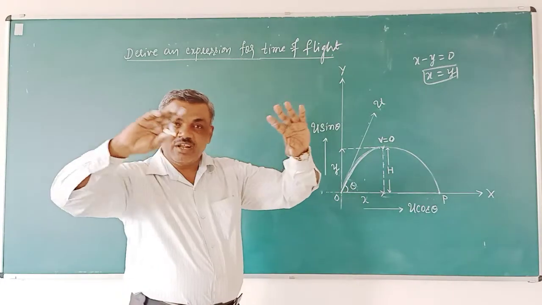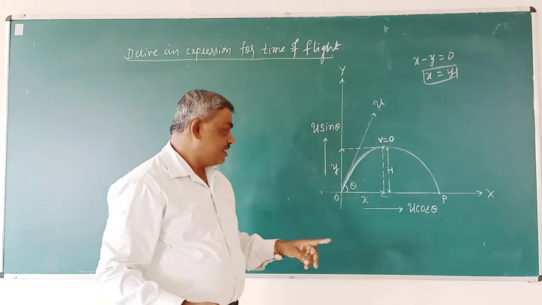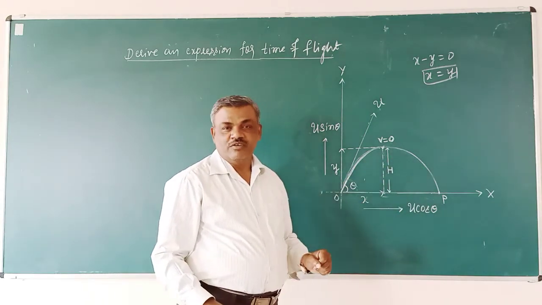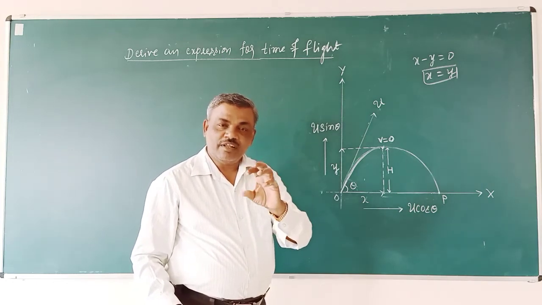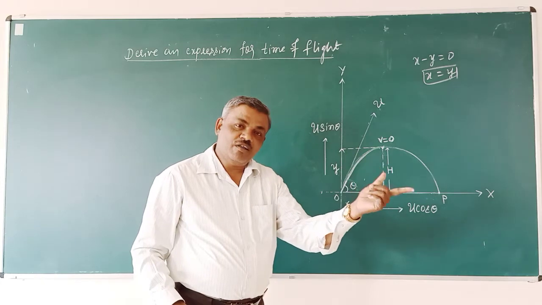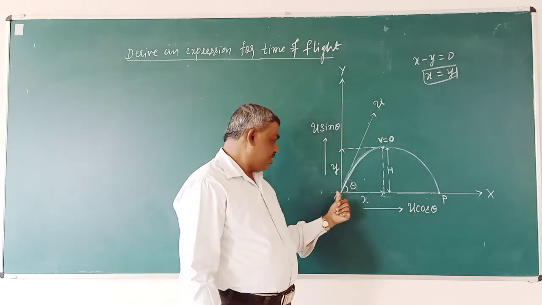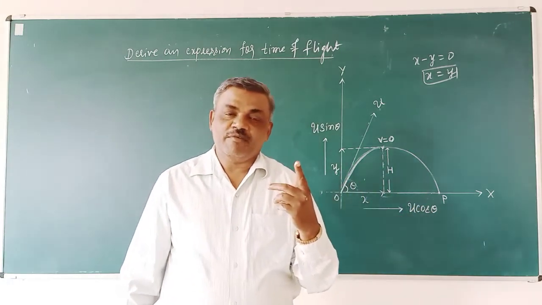The total time is the time for ascent and descent. For a ball or stone thrown up, the time taken to reach the ground is the time of flight.